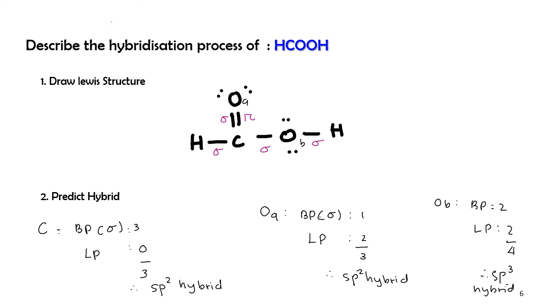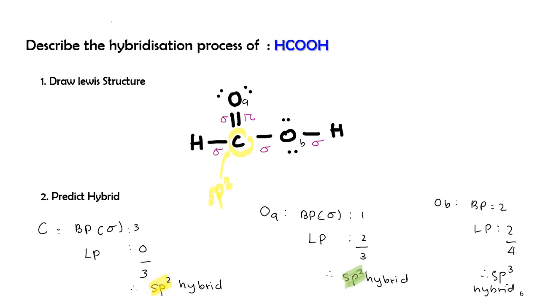So the total electron pair here will be 3. Therefore, for this carbon, it is sp2 hybrid. And then the next one is oxygen A, you have 1 sigma bond, 2 lone pairs, so it will be sp2 hybrid as well.